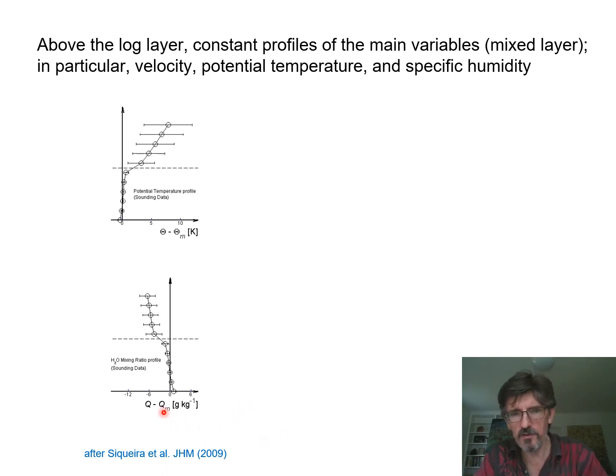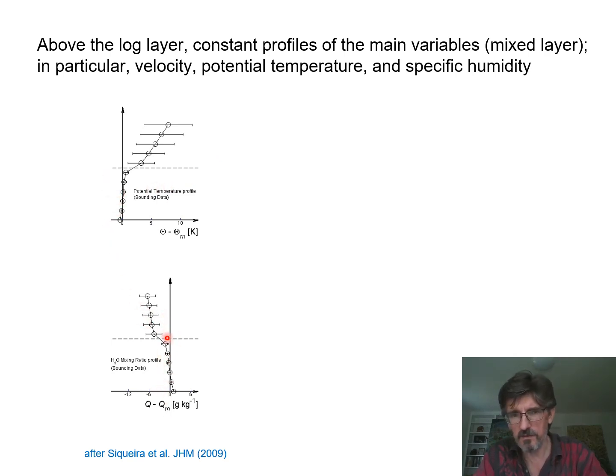So specific humidity and potential temperature, which we'll define in a second, are shown here as sounding profiles. These are measurements made by balloons that have been sent into the atmosphere at Greensboro, several profiles measured like that at the Greensboro Airport in North Carolina. So there is a portion of the atmosphere up to this point, which is the height of the atmospheric boundary layer, in which the profile is relatively constant.